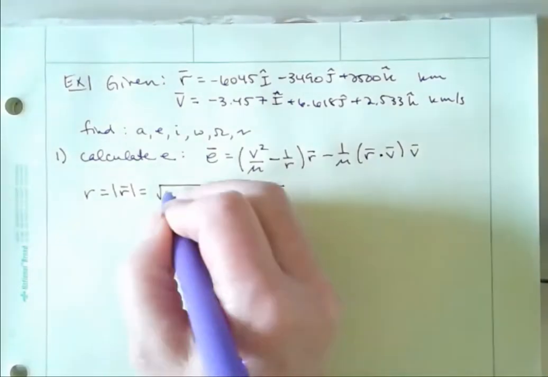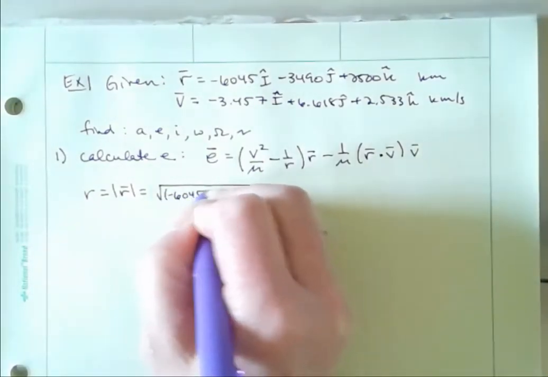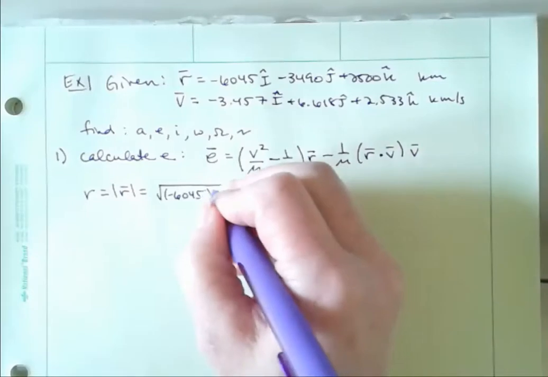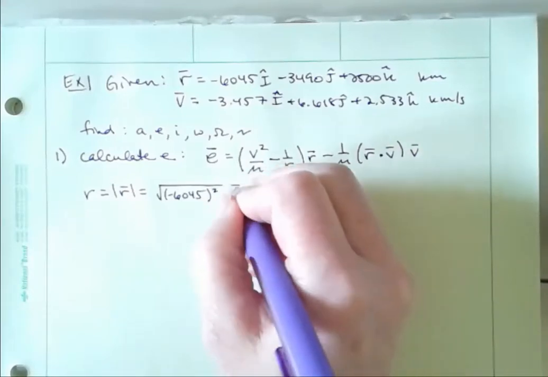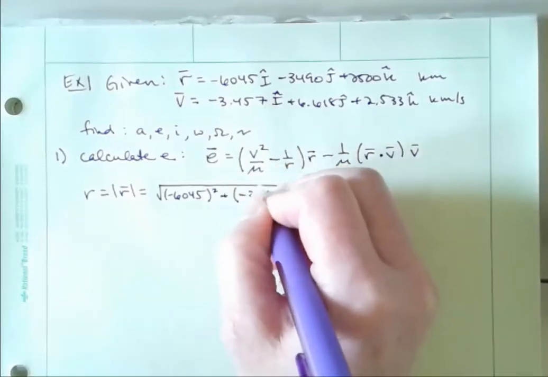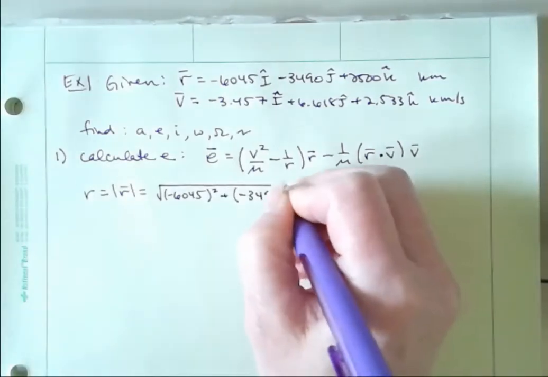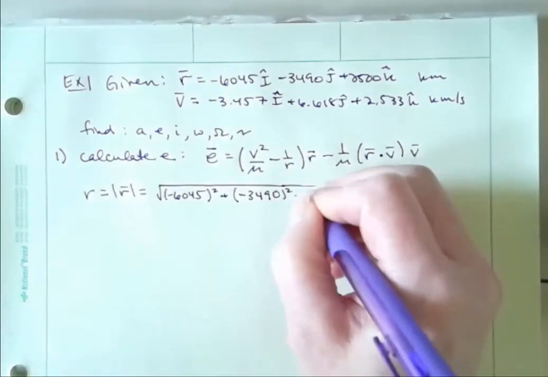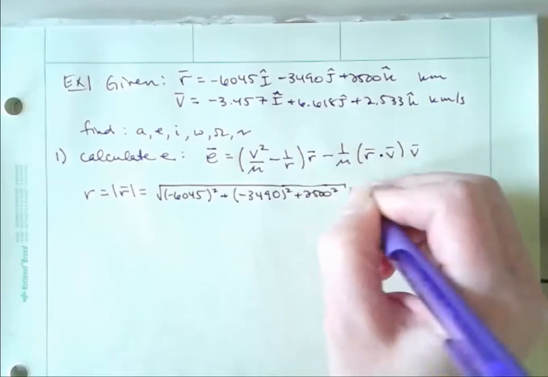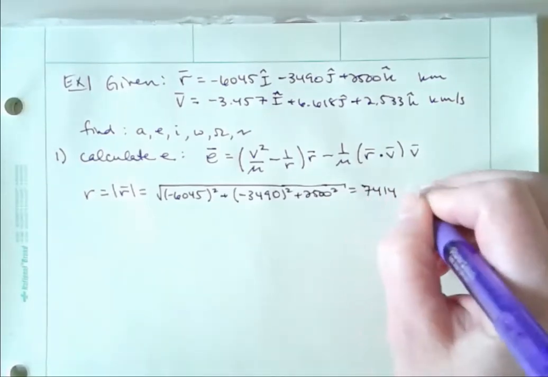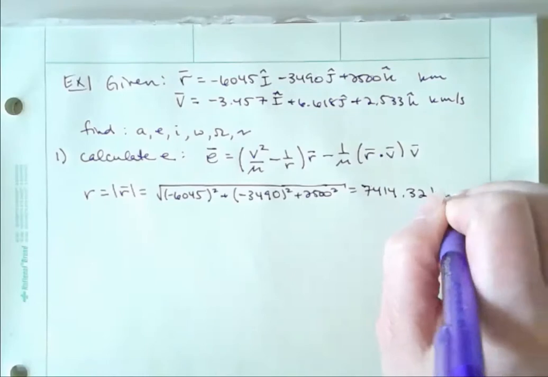So we'll have the square root of negative 6045 squared plus negative 3490 squared plus 2500 squared. And that's going to be 7414.32 kilometers.